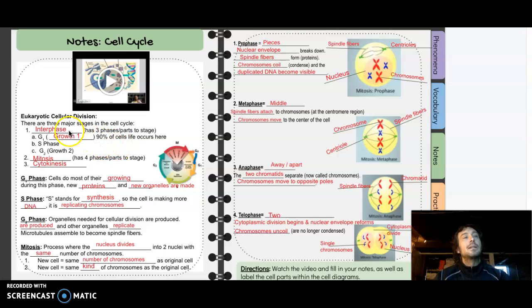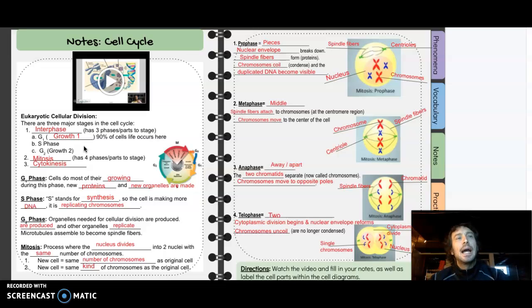And in fact, interphase itself is made up of some parts, the G1, S, and G2 phase. When you see G here, we're talking about growth, right? So there's two different modes of growth, and then the S phase is synthesis. And we'll get into what each of those is in a second.